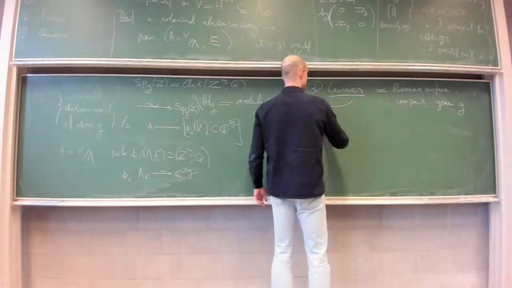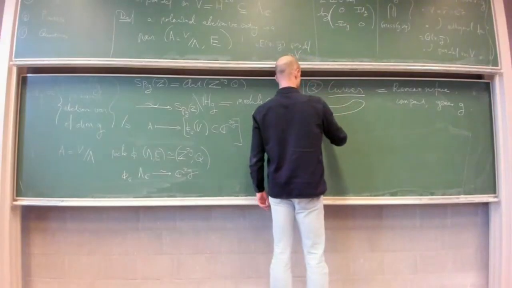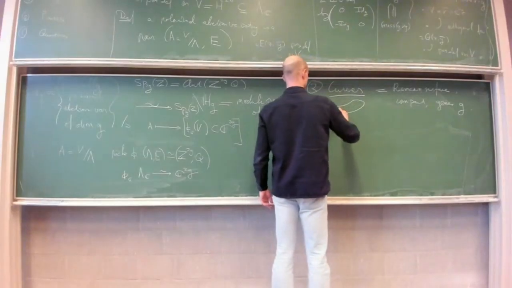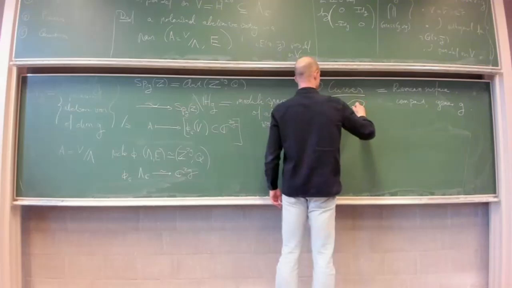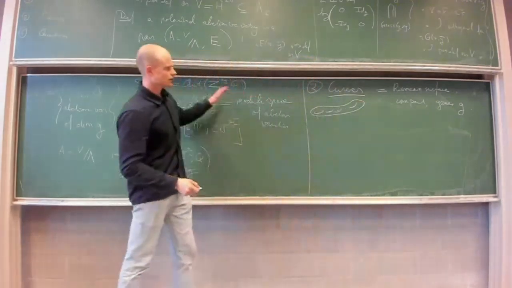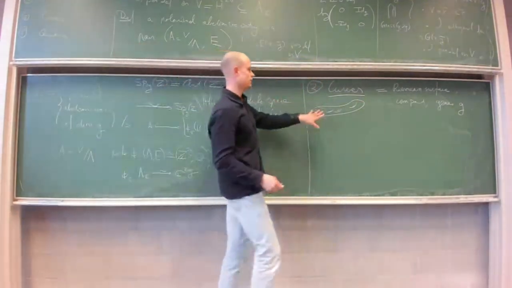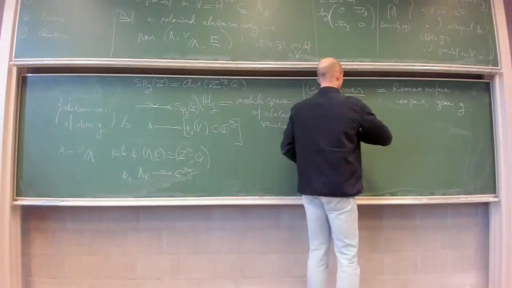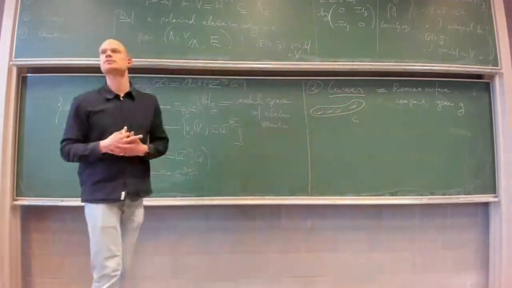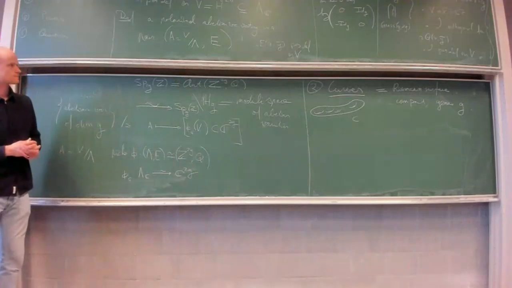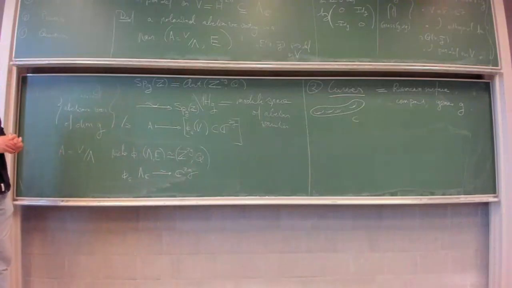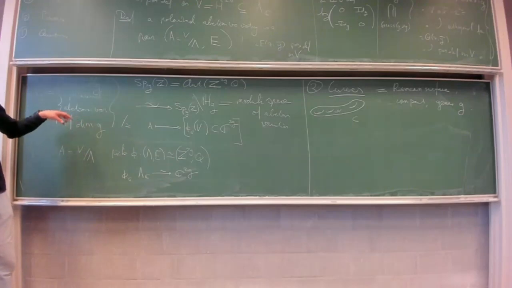So topologically I get this picture. Did you really mean an abelian variety on the left, or just the right? No, here I really mean abelian varieties, yes. Okay.